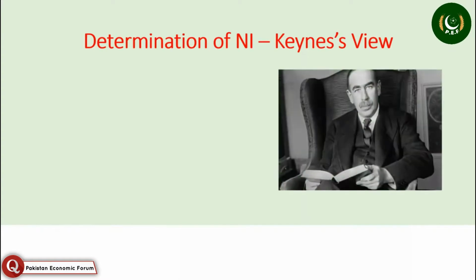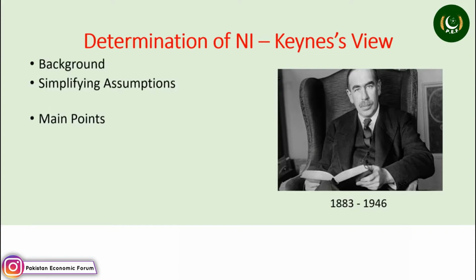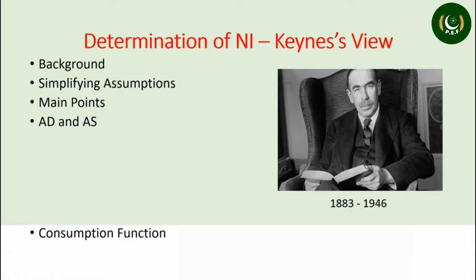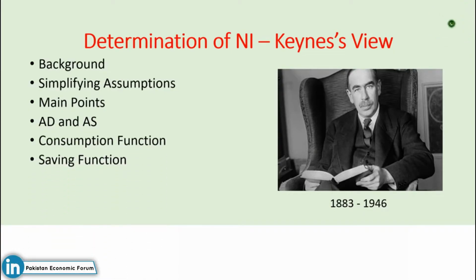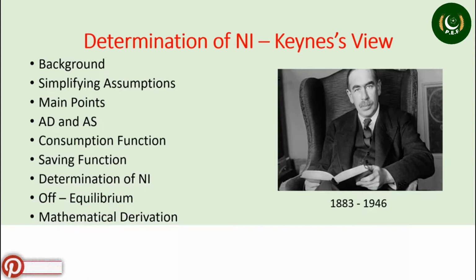In this lecture, we shall first discuss the background in which Keynes presented his thoughts. Then we shall discuss the simplifying assumptions, the main points of Keynesian theory, the aggregate demand and aggregate supply, or the planned expenditures and actual expenditures, the consumption function, saving function, and the determination of national income.